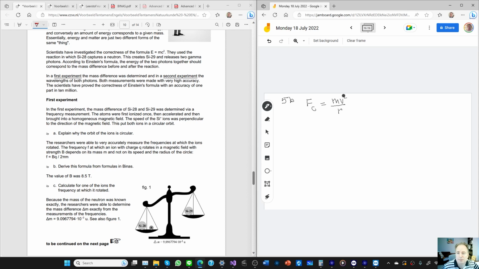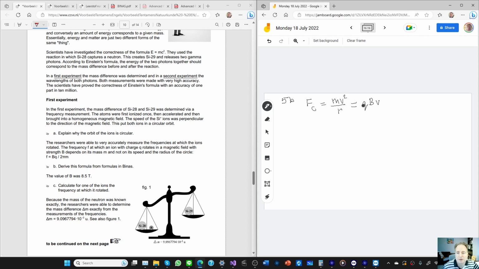So v is the speed, m is the mass of the ion, and r is the radius of the circle along which it will travel. And this force then, as we saw, is given by the Lorentz force, which is Q times B times v.